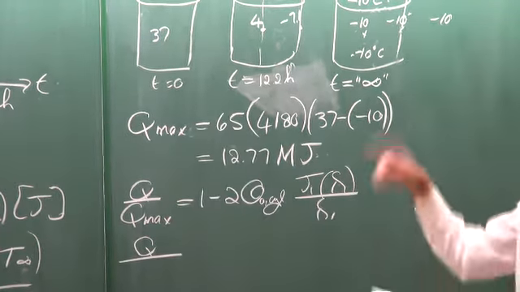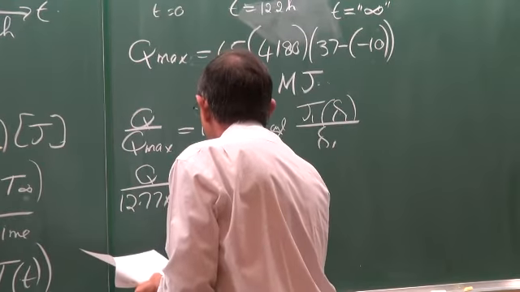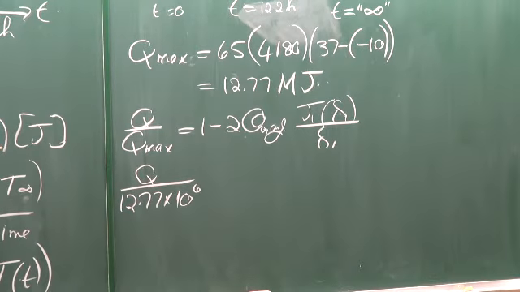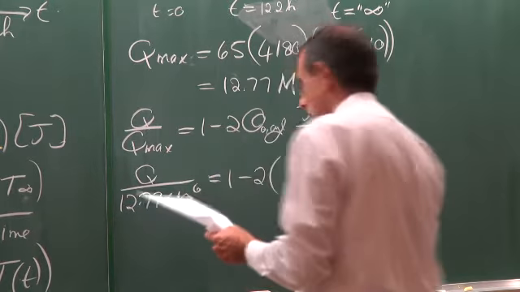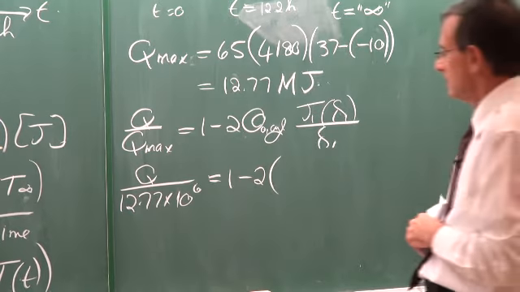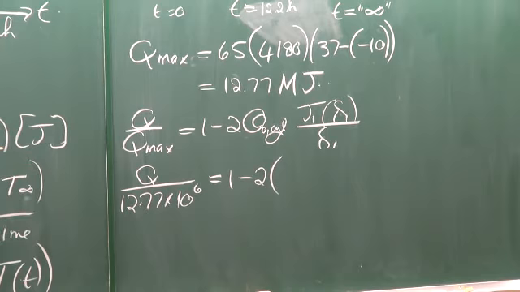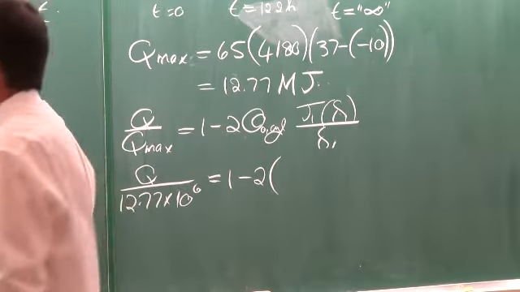So Q divided by Qmax. Qmax we've calculated just now, 12.77 megajoules, is equal to 1 minus 2 times the non-dimensionalized temperature of the cylinder. Now, that would be equal to that calculation there.